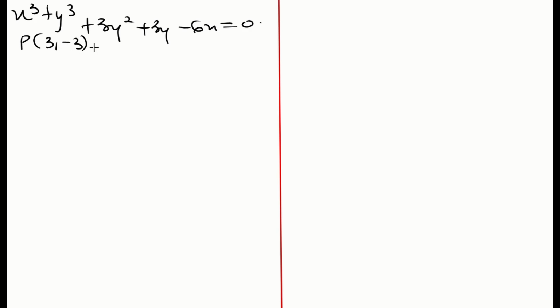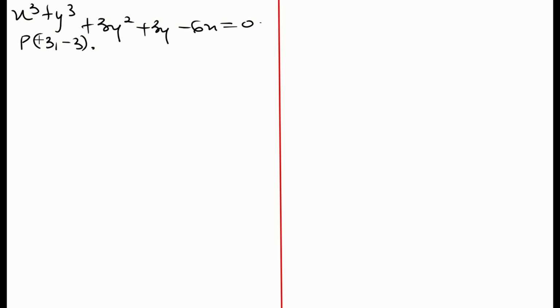The equation of the second curve is given to us by x to the power 3 plus y to the power 3 plus 3y squared plus 3y minus 6x, which is equal to 0. And then the point given to us is 3, minus 3. From here, you can verify that the point actually lies on the curve.